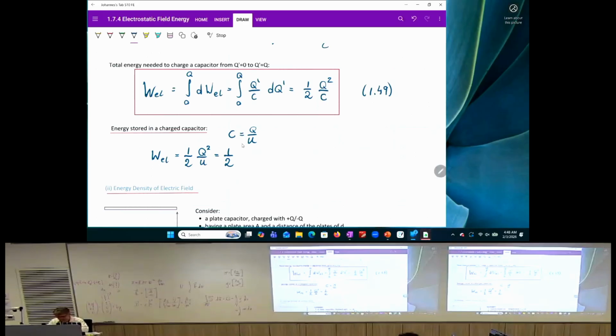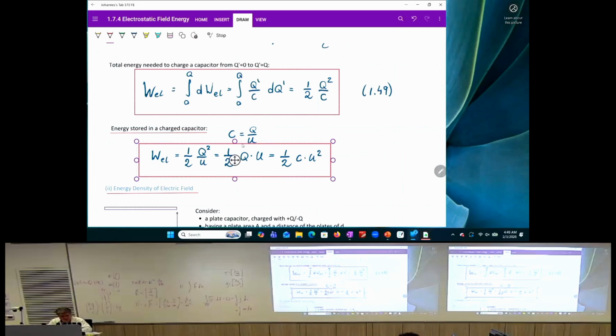Then you end up with 1/2 Q times U. That is an alternative way of expressing your energy. And you can do that once more. Then you obtain 1/2 C times U squared. So this is the energy in your capacitance.